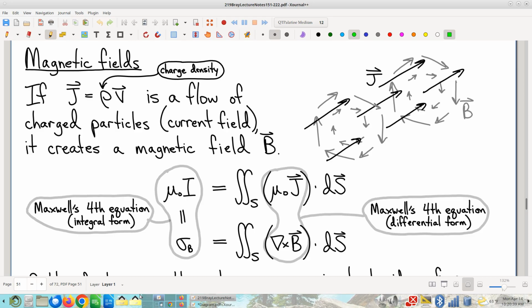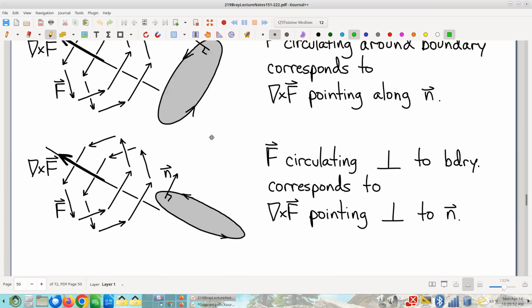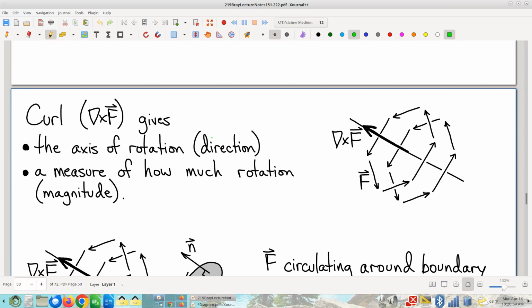But picking up where we left off last time, we were talking about curl, and in particular Stokes' curl theorem, right? And I will go ahead and rewind just a bit. We had this interpretation of curl as an oriented density.